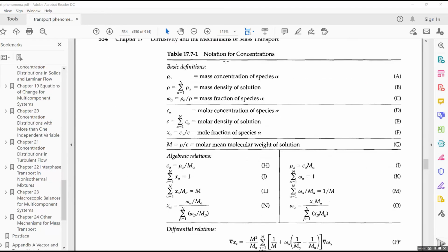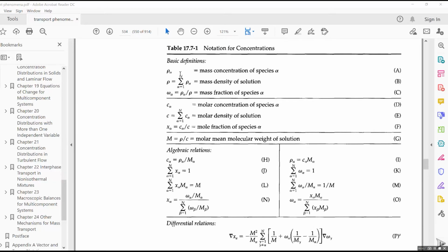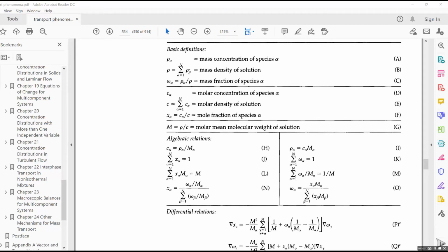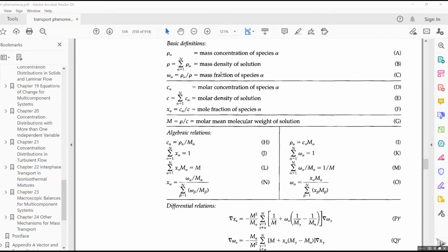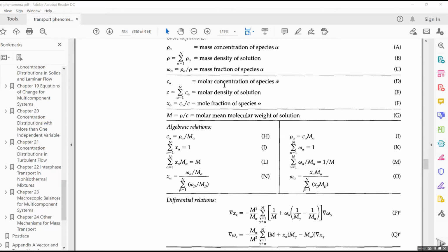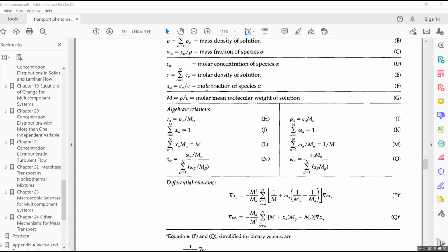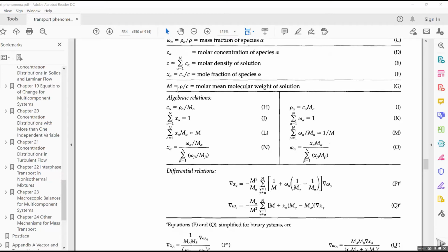So this table is important. It defines the mass concentration of the species alpha and the mass density of the solution containing more than one species, and the mass fraction of the species alpha inside of your system is defined by this. Also, we define the molar concentration of the species alpha, the molar density of the solution, and the mole fraction of the species alpha defined by this.